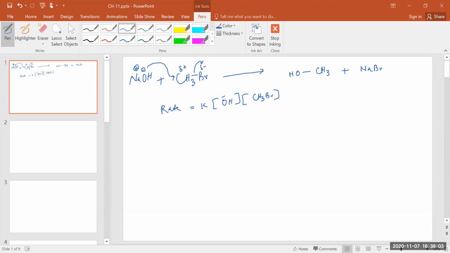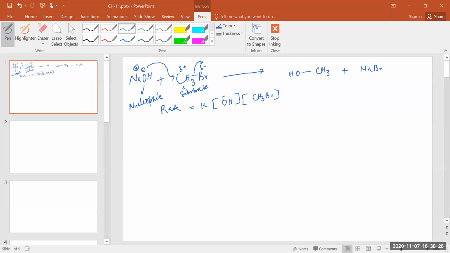This is the nucleophile, and this is called the substrate. Substrate means the compound that has the carbon that participates in the reaction.